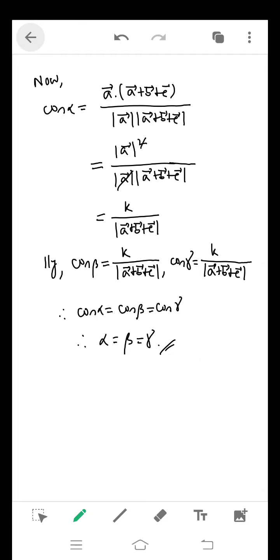So that is the proof that A plus B plus C is equally inclined to A, B and C.